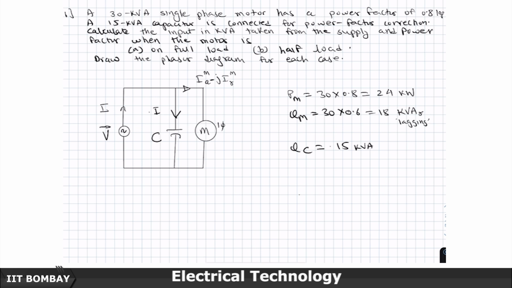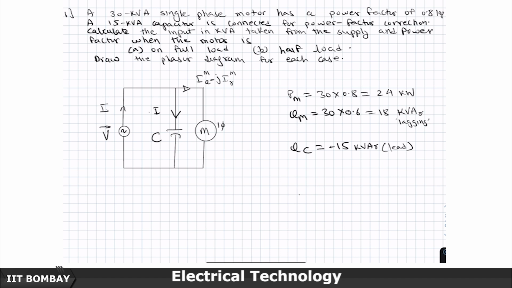So, actually QC is minus because it is capacitive. If I put the signs properly, I do not need to write lag or lead, but I am still putting lead for your benefit, and r should be put to indicate that it is only reactive power and not apparent power, which is also V into amperes, but that is square root of P squared plus Q squared.